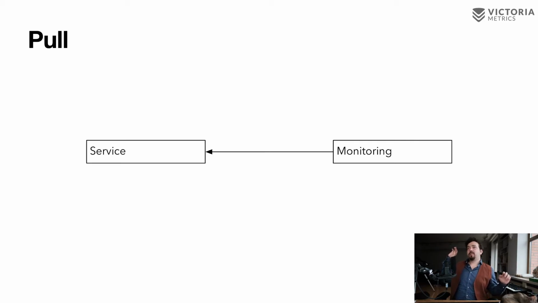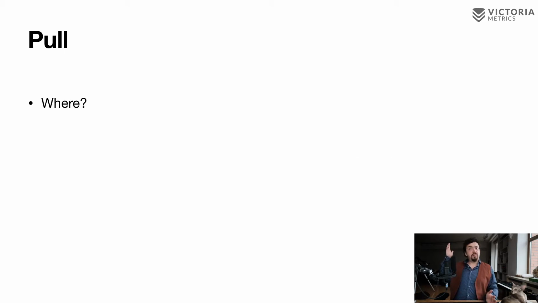And if you want statistics from the service, the service will publish an HTTP page for you, and then the monitoring system goes to each service and collects data from them. Actually, it's interesting. While our nodes need to know nothing about each other and nothing about where to push data, the monitoring system needs to know which targets to pull data from.